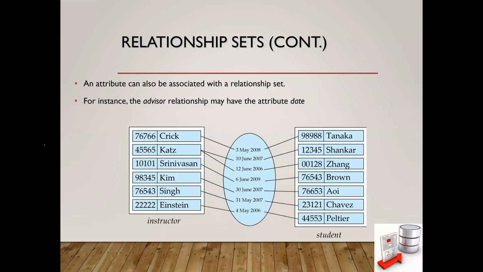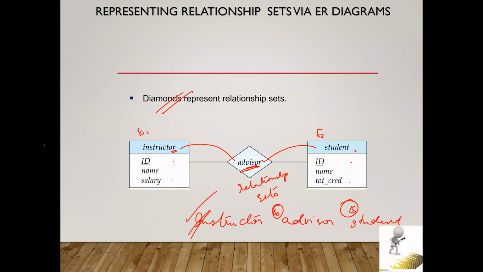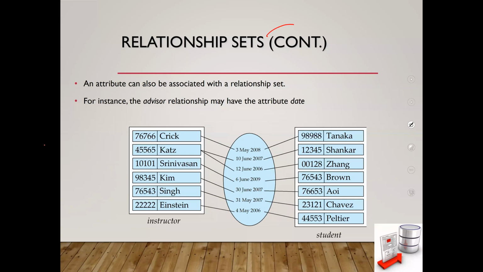Now, relationship sets, at times, can have attributes. They need not always have attributes, but at times, based on your requirement of the system, relationship sets can have attributes. Now, let's say instructor is advisor to the student.